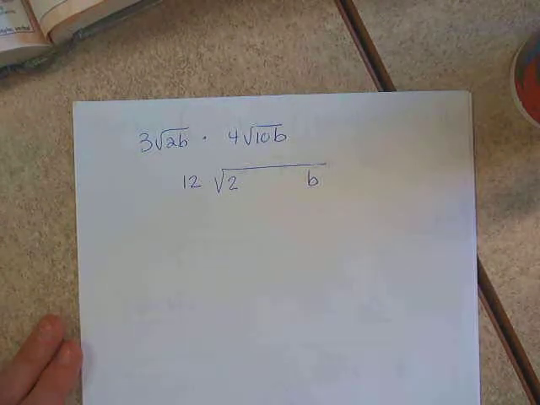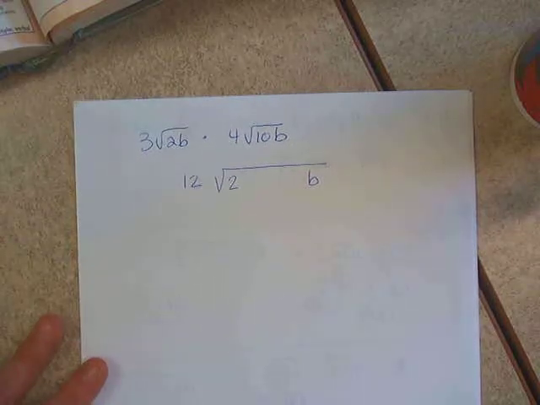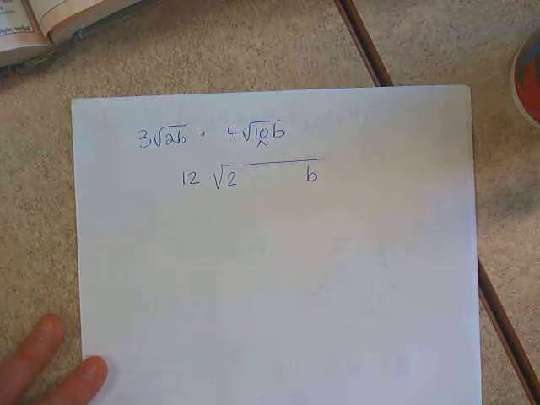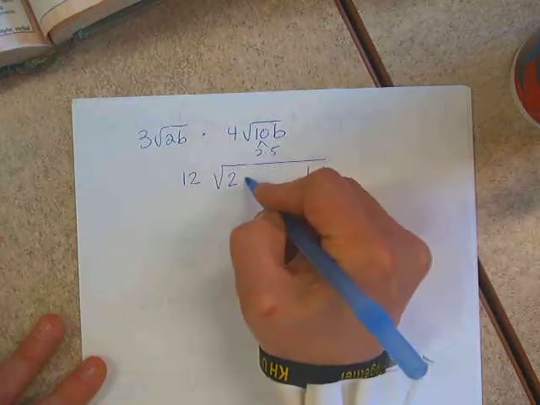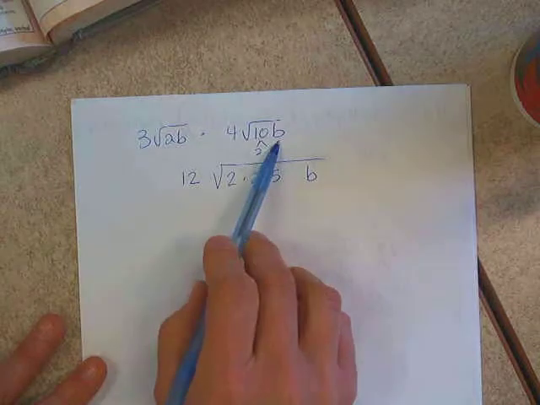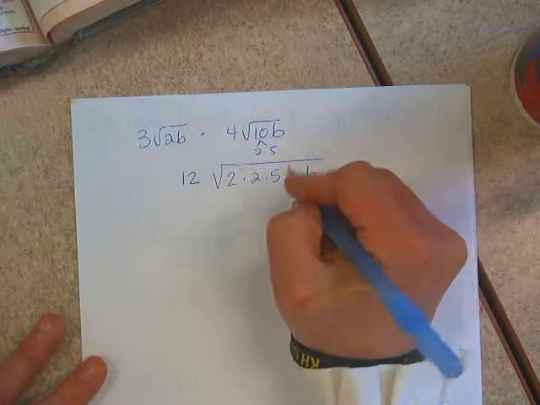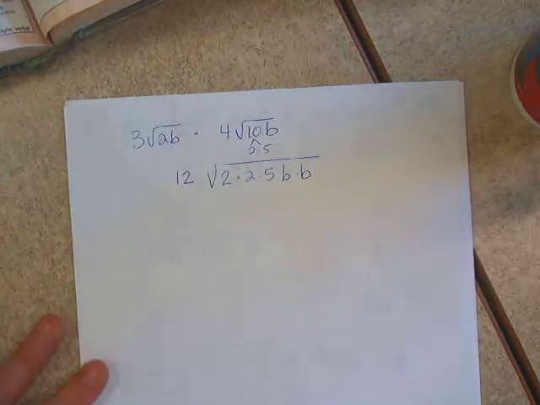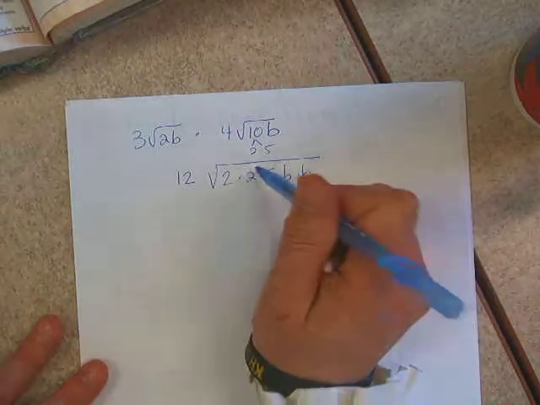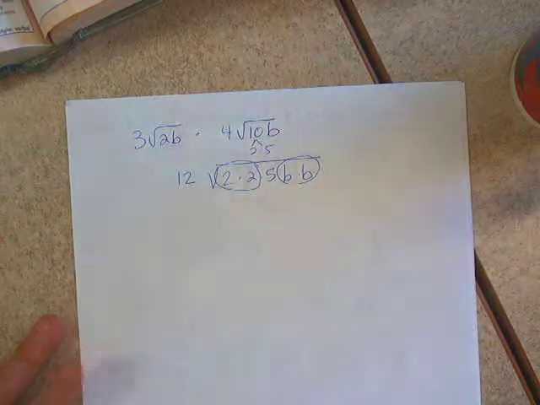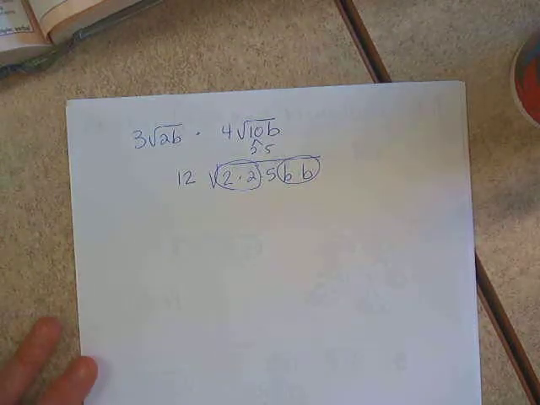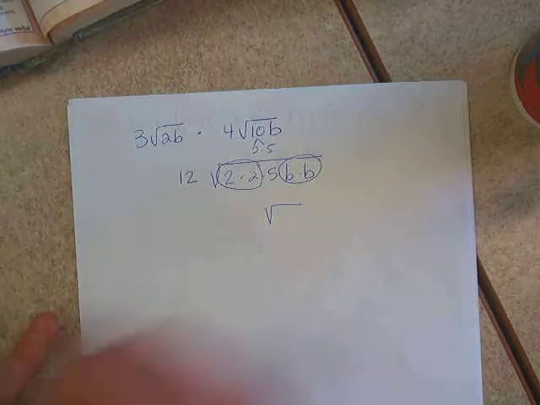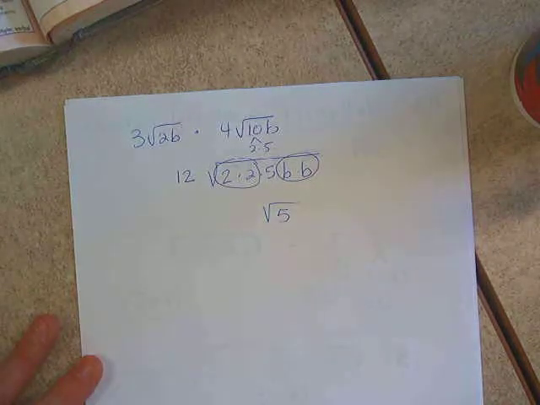Okay? 2 and b aren't going to break down any further, so we're just going to pop those in. I'm putting b at the end to make it easier when I put the other stuff in. What about 10? 5 and 2. That'd be 2 and 5, so we'll put the 2 and the 5 here, and then we've got that other b. So those are all my factors that are currently in the radicals. I have a pair of 2's and a pair of b's.